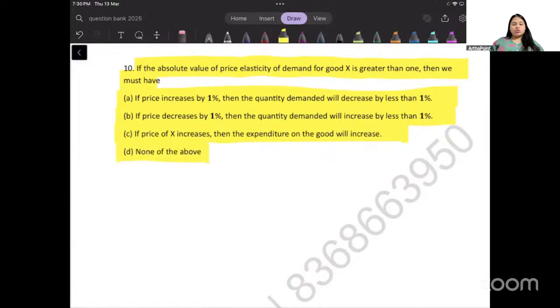Try to answer this question. Question number 10.